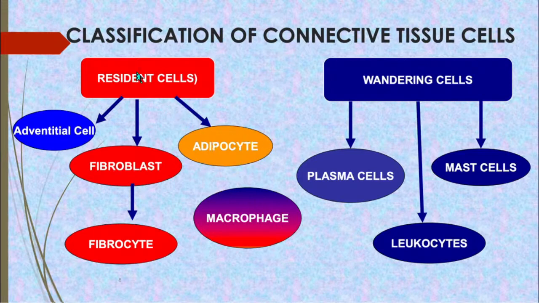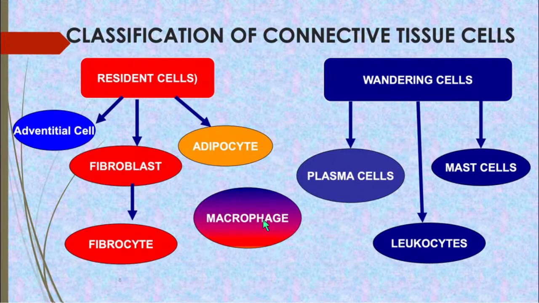And adipocyte. Adipocyte is also a cell which arises from multipotent mesenchymal stem cells. Adipocytes create adipose tissue, white and brown. But we have seen that macrophage is not joined with resident cells, because macrophage is not fully resident.